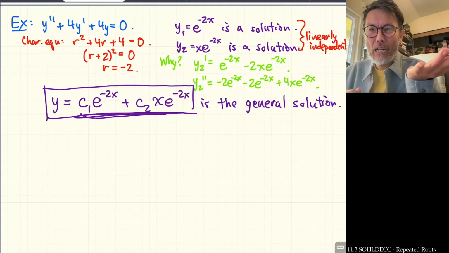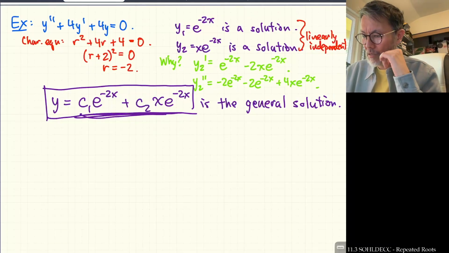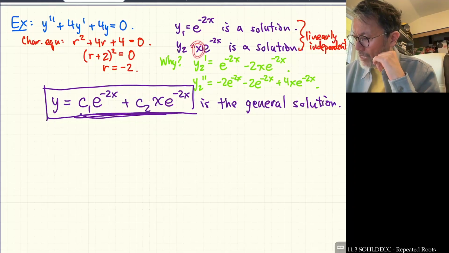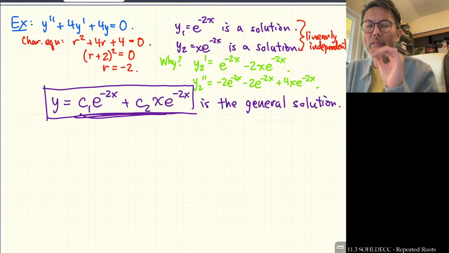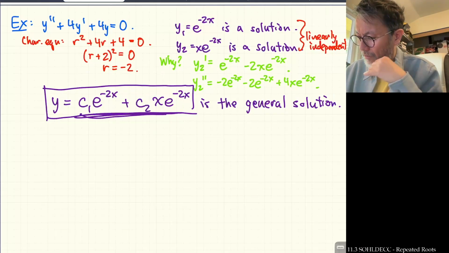Why does this x here make an appearance? Because this technique is always going to work. Maybe I'll frame this as a general statement.